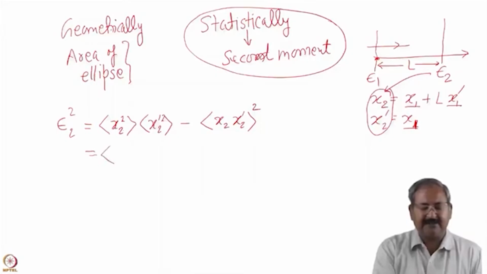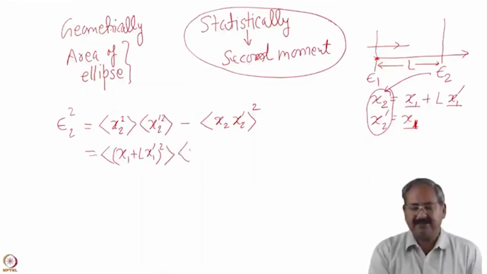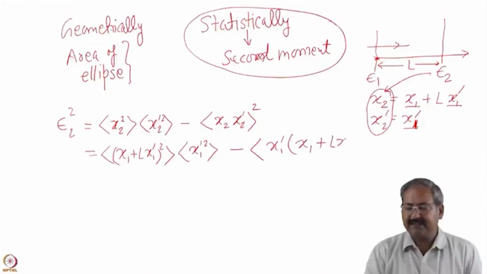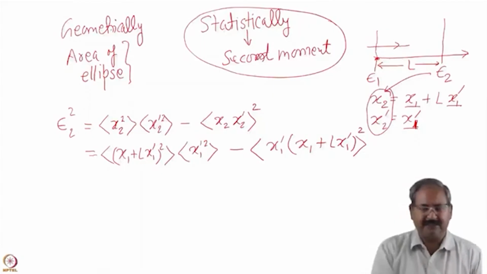So in place of x2 we write x1 plus L x1 prime, squared, and x2 prime is equal to x1 prime, so x1 prime square, minus x1 prime times x1 plus L x1 prime, squared. If we calculate, this should come out equivalent to the emittance at location 1.